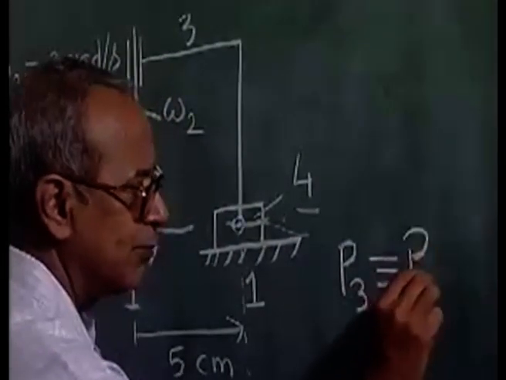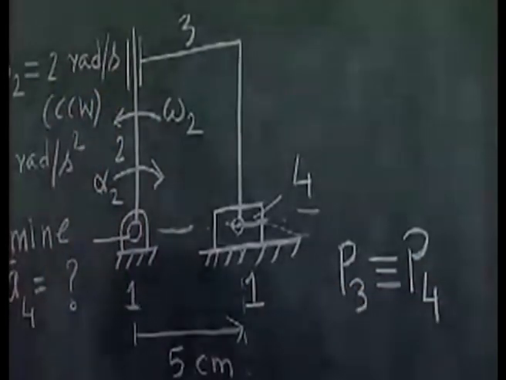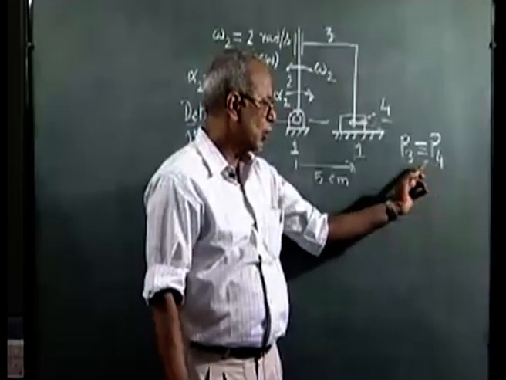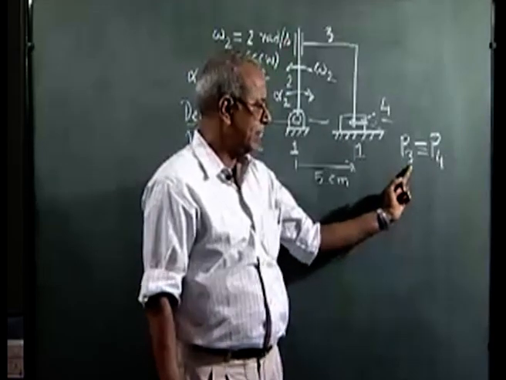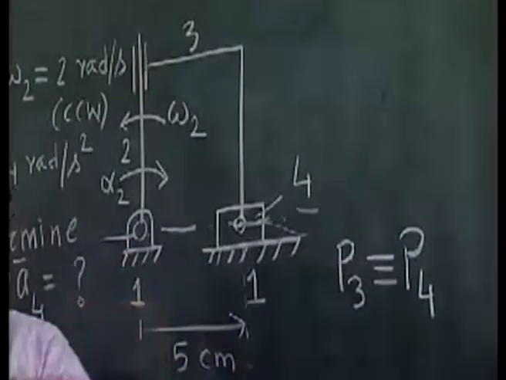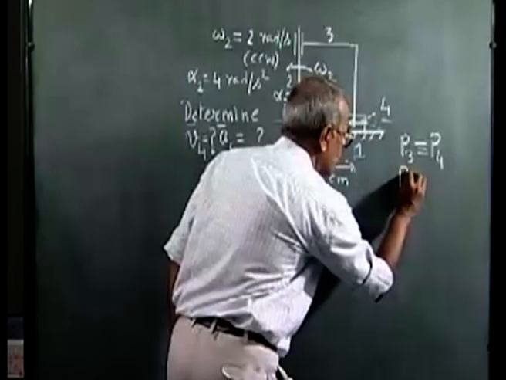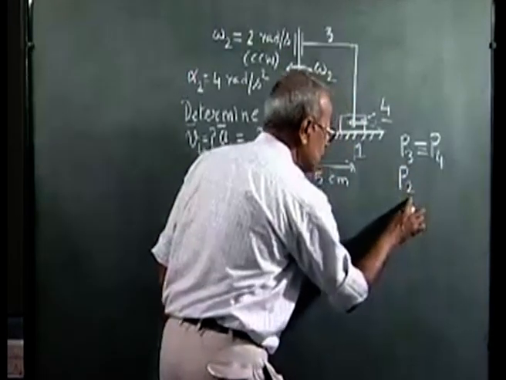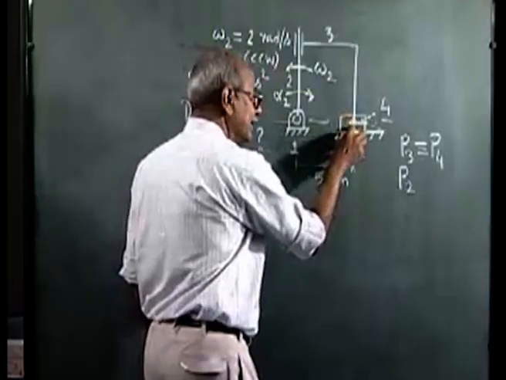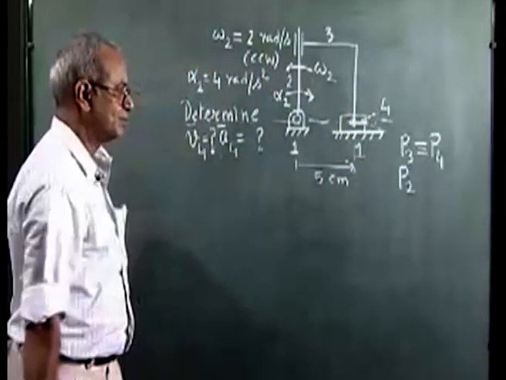There is no relative movement between these two coincident points P3 and P4, P3 belonging to link 3 and P4 belonging to link 4. But I also consider a point P2 which belongs to link 2 but at this instant coincident with P3 and P4.